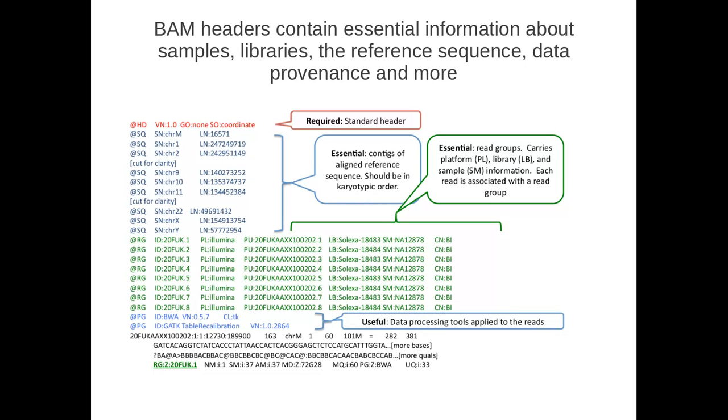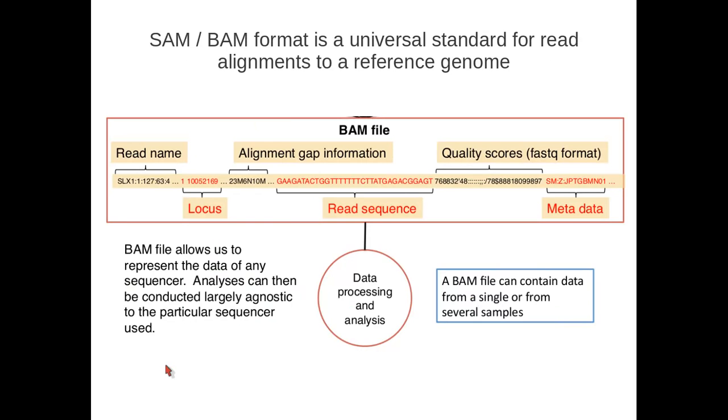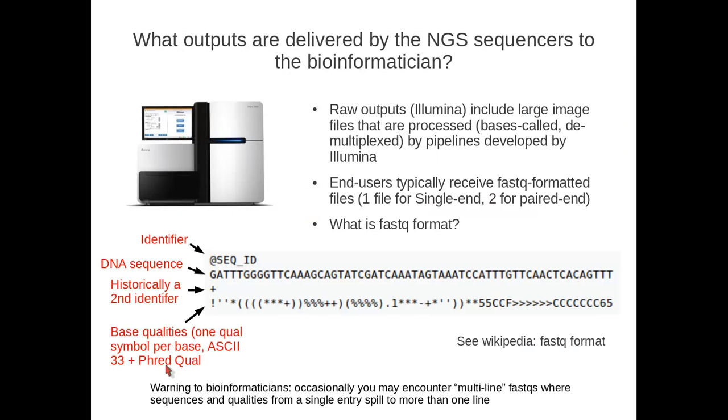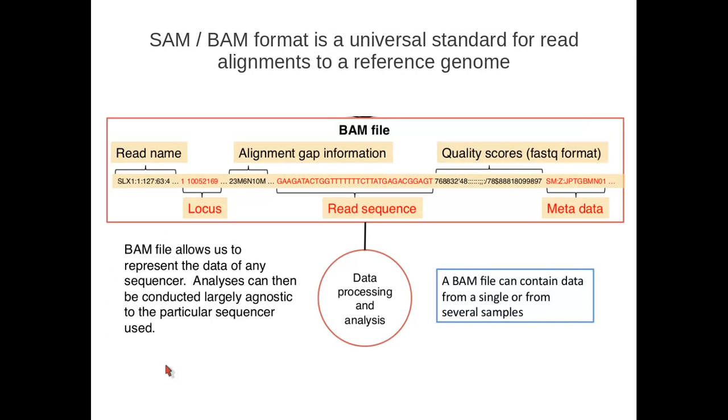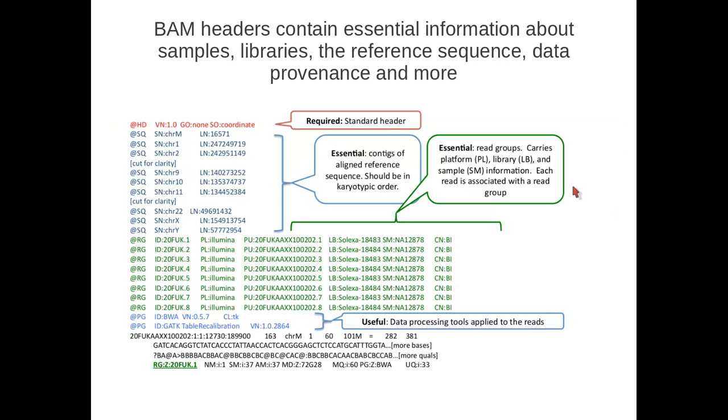So what happens is this read group ends up becoming a tag here. This is a single read's entry, or record, in the BAM, and here the read group is one of these metadata tags that I was referring to in the previous slide.